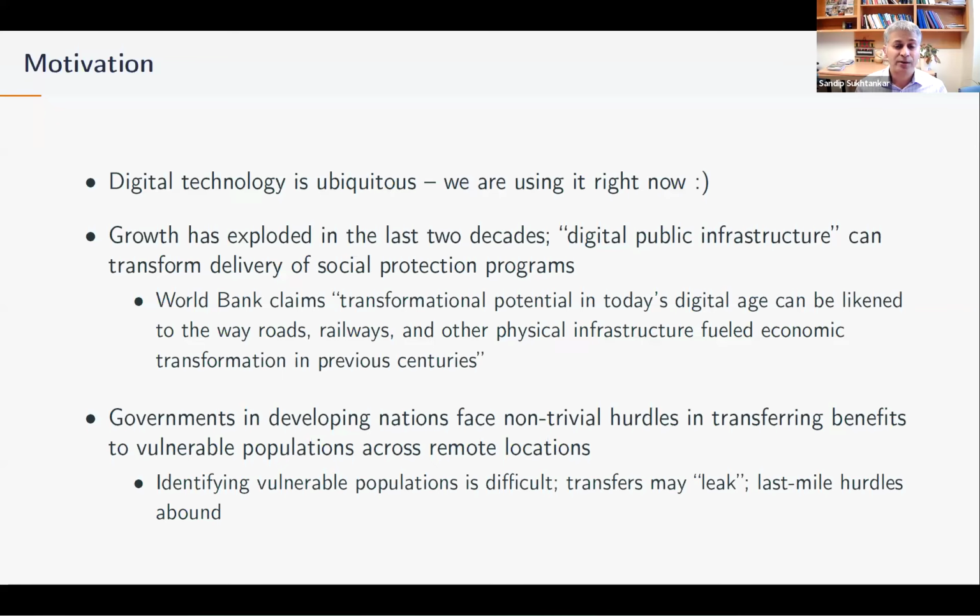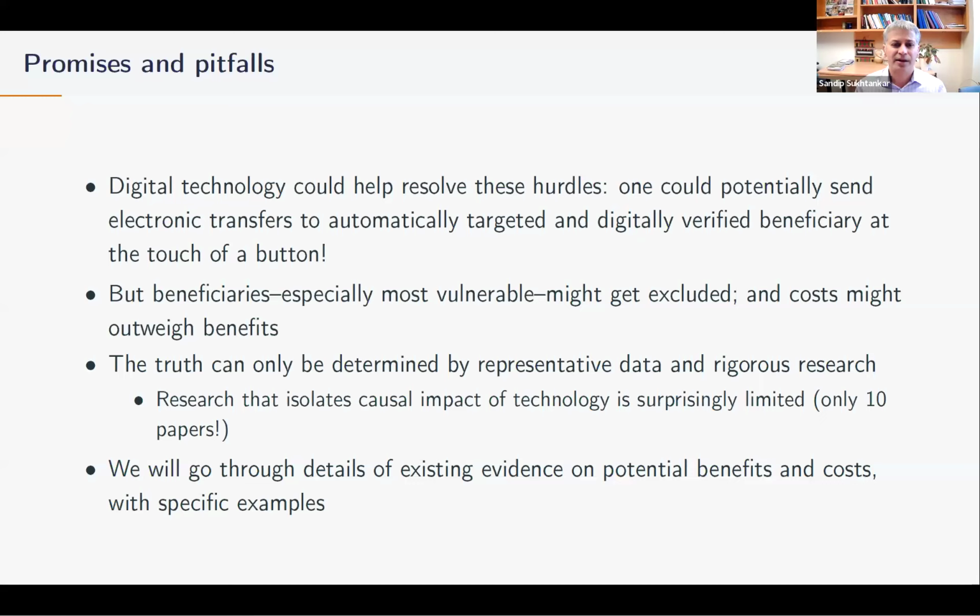So in this context, you can imagine that there's a really attractive proposition here where a government bureaucrat sitting in the Capitol presses a button and the money goes out. It's digitally, electronically transferred to a bank account or to a mobile account to beneficiaries who have been targeted automatically using data, digitally, machine learning, those kinds of things.